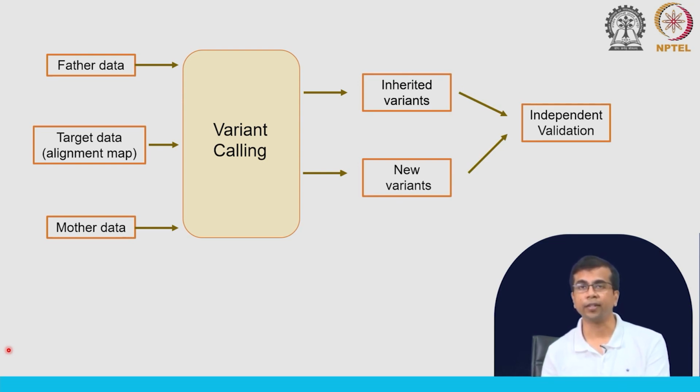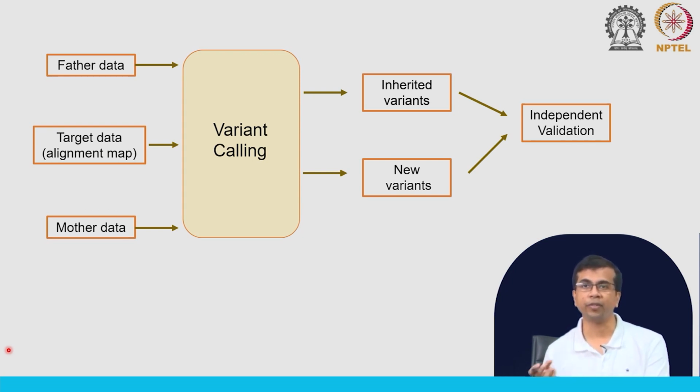Some of the variants that are common are the inherited variants, and we can also identify some new variants that are present in our sample data or the individual data but not present in the parents. Of course, once we have identified them, we want to validate these through some independent validation methods, just to be sure that these are actually true variants. And this kind of validation information is very important for revising the pipeline.